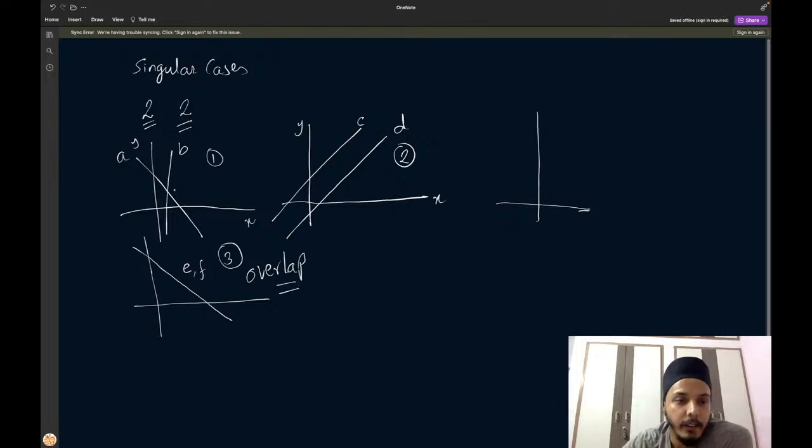So only the first case is a non-singular case. The rest two cases, that is case 2 and case 3, are the singular case. Similarly, we can have cases in three dimensions. So let us see our cases for three dimensions.